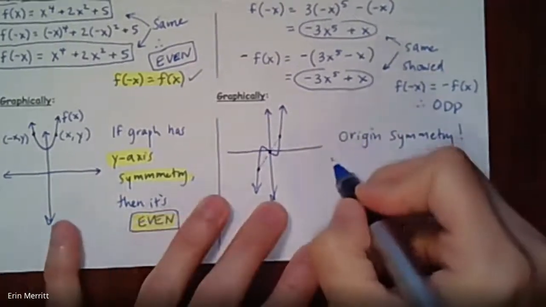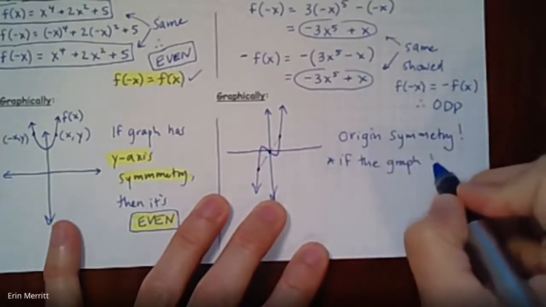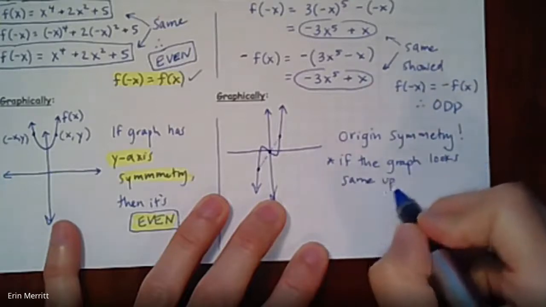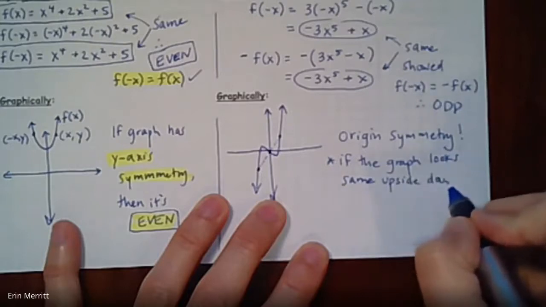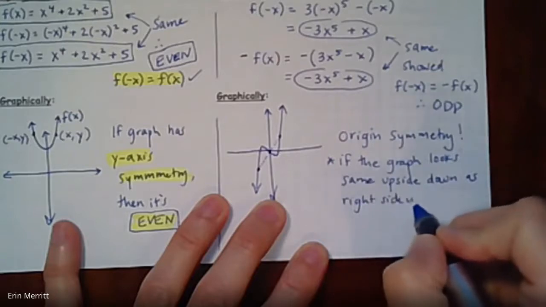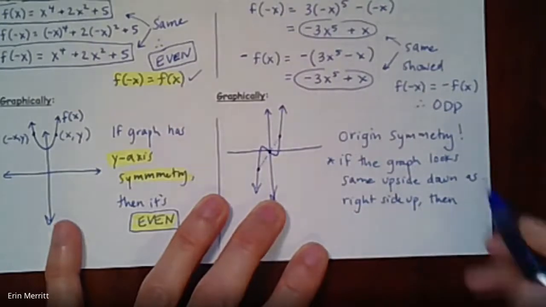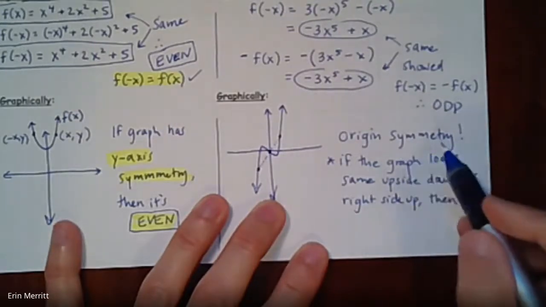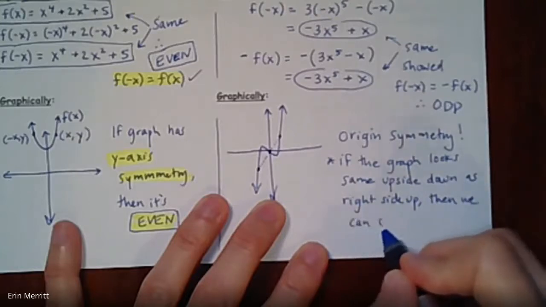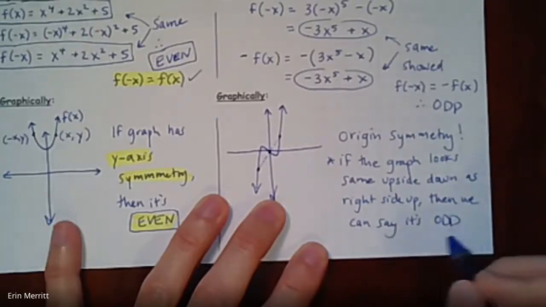But how to spot it, right, is to say if the graph looks the same upside down as right side up, then it's got origin symmetry, and we can say it's an odd function. Right?